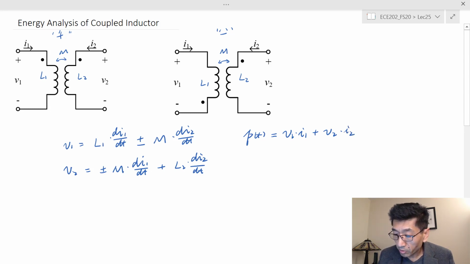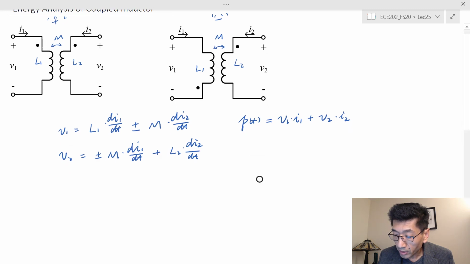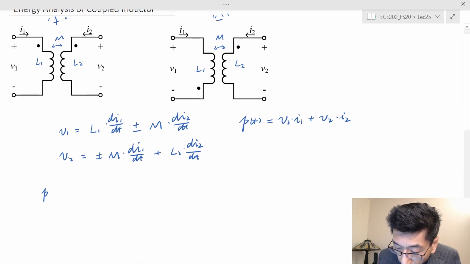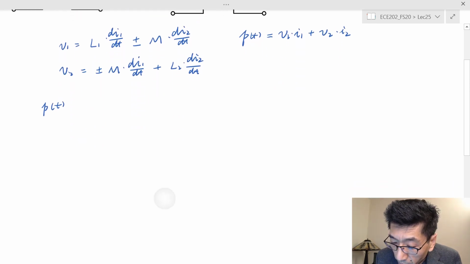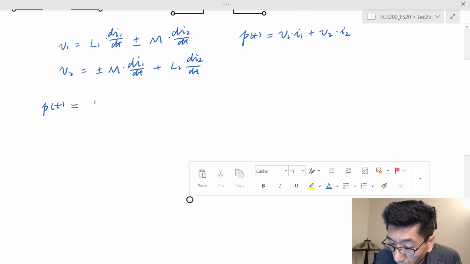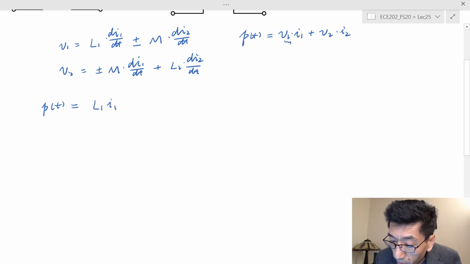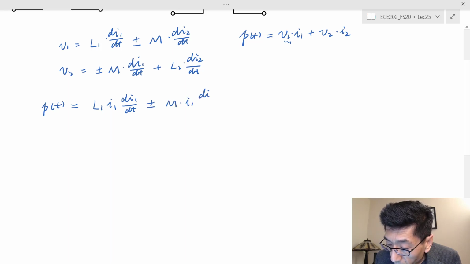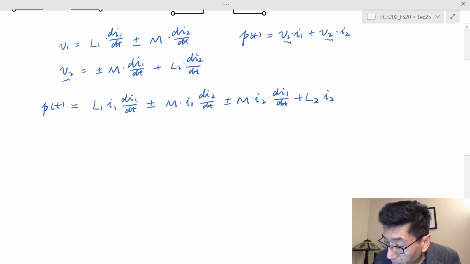And if I substitute V1 and V2 into P here, P(t) should be equal to V1, which is L1 I1 di1/dt, so I'm substituting V1 into the first term and multiplying them out, plus or minus M times I1 di2/dt, and then plus or minus M I2 di1/dt, and plus L2 I2 di2/dt.